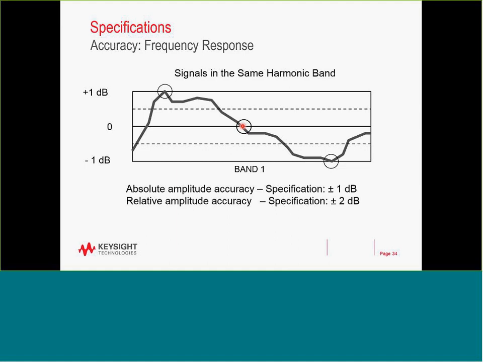If I make a relative measurement, well, if they are really close, I can kind of ignore that accuracy within the band. But if they are far apart, I know this one might be plus or minus 1 dB, and this value plus or minus 1 dB. Finally, the relative accuracy is plus or minus 2 dB.